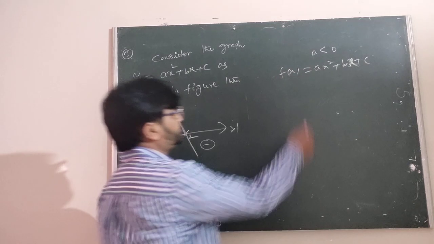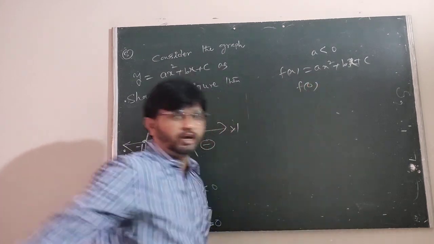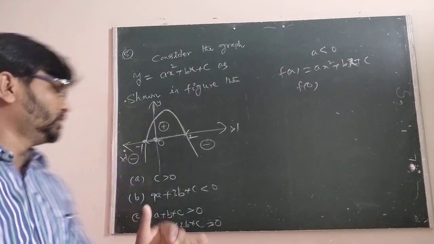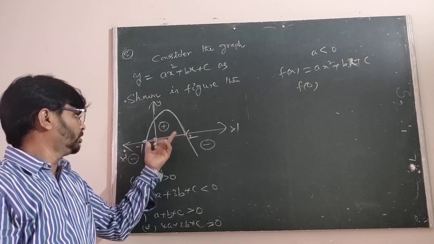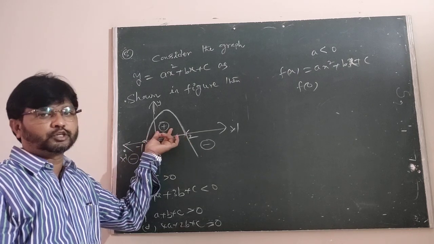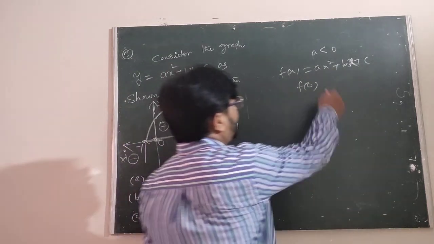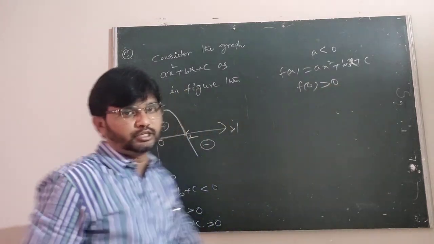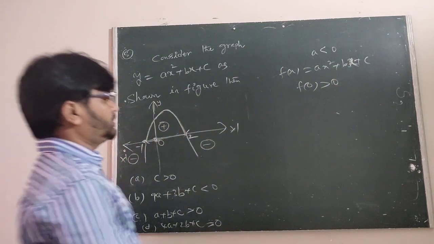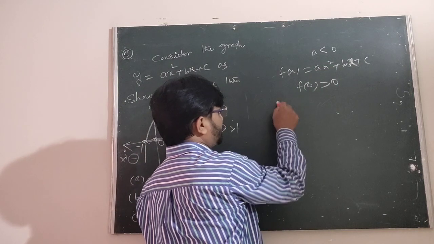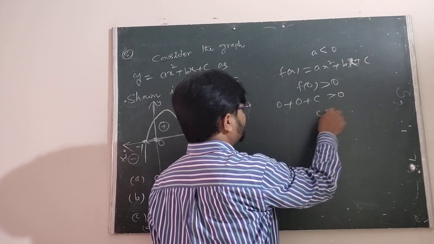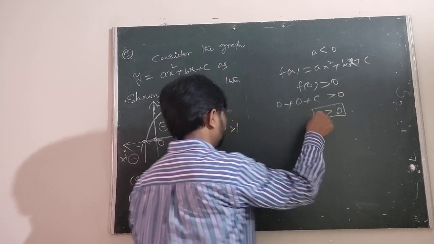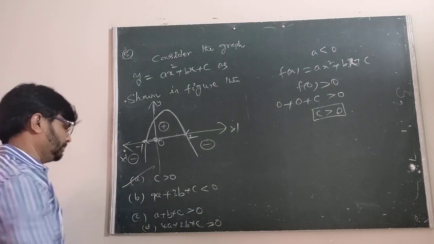Therefore, f of 0 must lie in the positive part, so f of 0 must be greater than 0. F of 0 means a times 0, b times 0, plus c. That is, c greater than 0, which is option A.